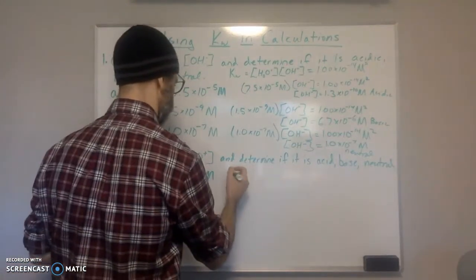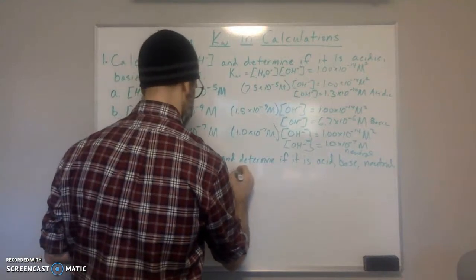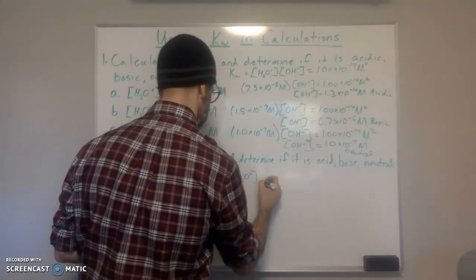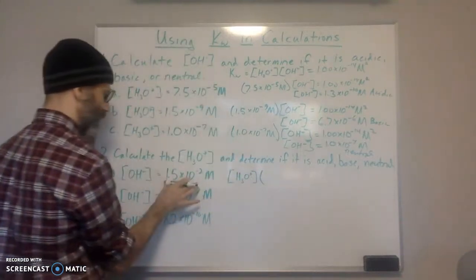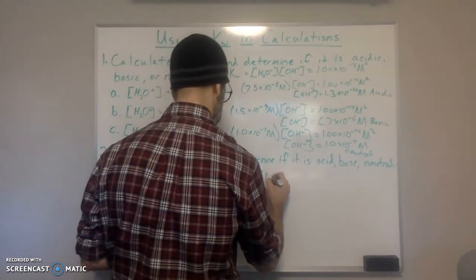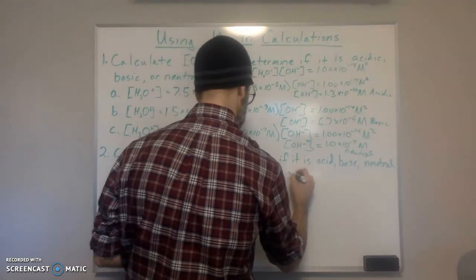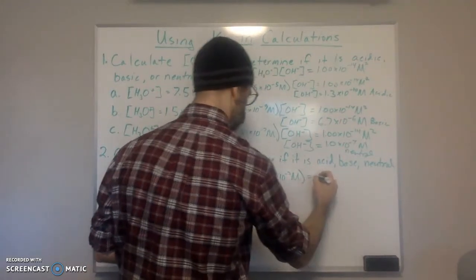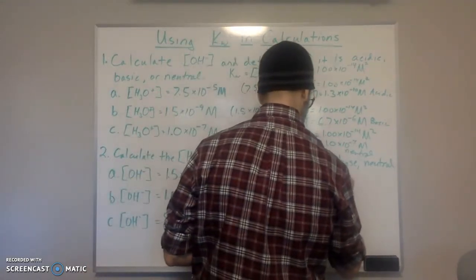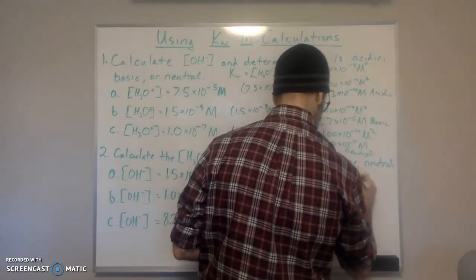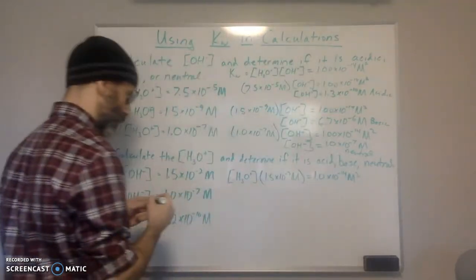So we set up our equation again. This time we're going to have our H3O+ concentration multiplied by the concentration they're giving us, 1.5 times 10 to the negative 2 molar. Again, that's equal to 1.0 times 10 to the negative 14 molar squared.